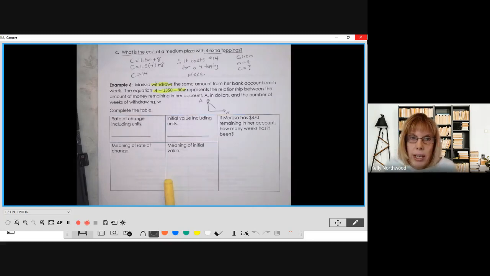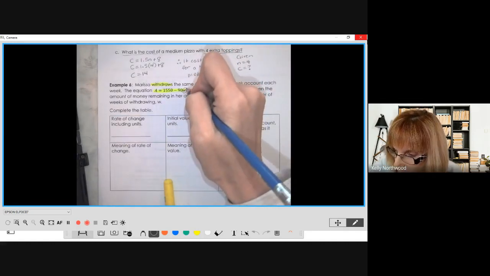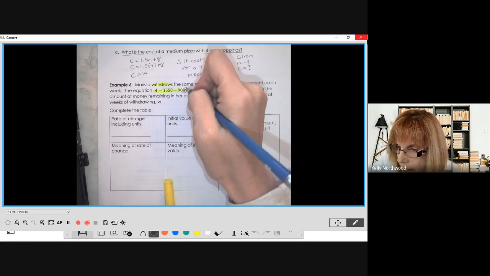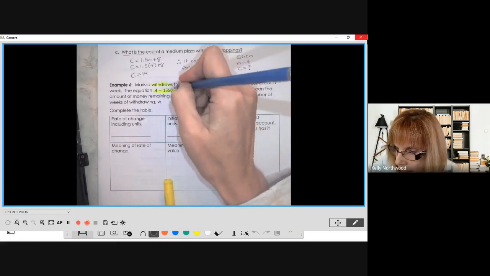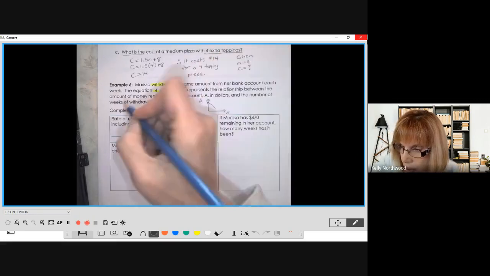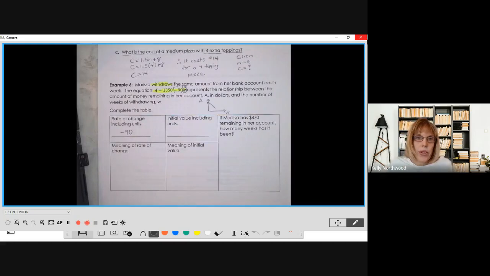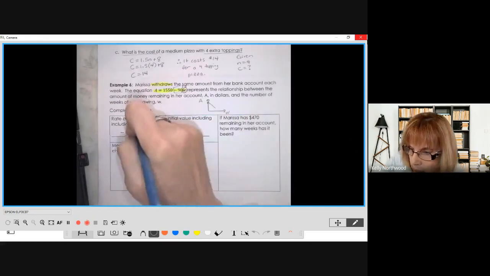So the rate of change, including units. So the rate of change is the number in front of the variable on the right side. So in our case, the rate of change is going to be the negative 90, the number in front of the variable. But we have no units so far. So if this was EQAO, we'd probably get a level 2 for that, but we want to get a level 4, so we have to include units as well.